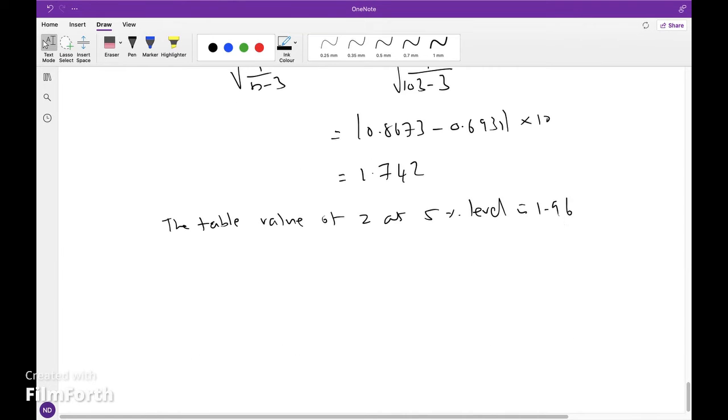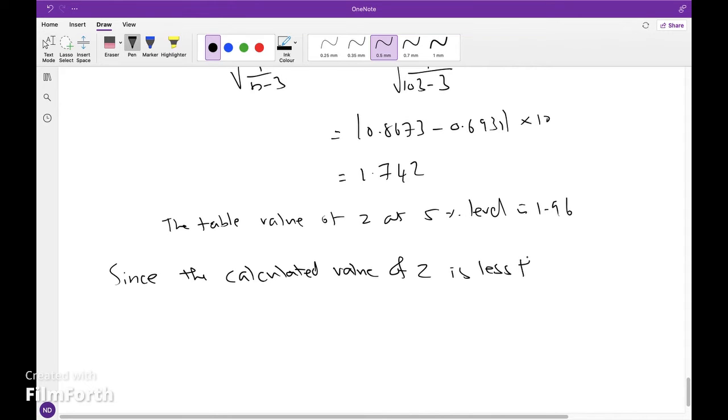Since the calculated value of Z is less than the table value of Z, the null hypothesis is accepted. That means the population correlation coefficient is 0.6.